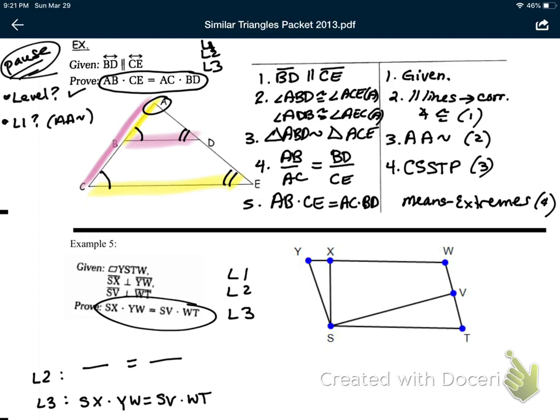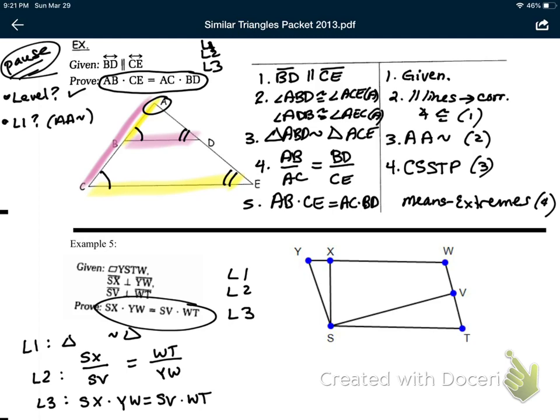And let's place the letters crosswise, so SX and YW this way, SV and WT this way. Pretty much writes itself. Now the level 1. What triangles do I need to prove similar to do that? So we're going to use the highlighting technique, but this one's going to have a little twist. See if you can spot it.